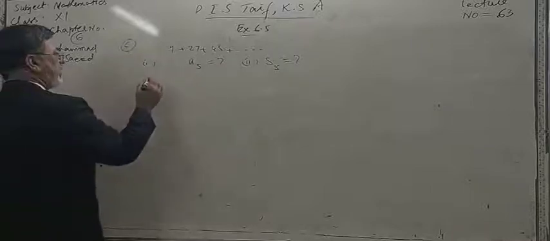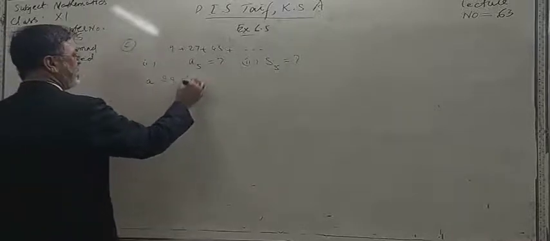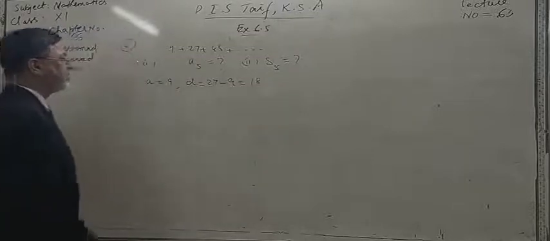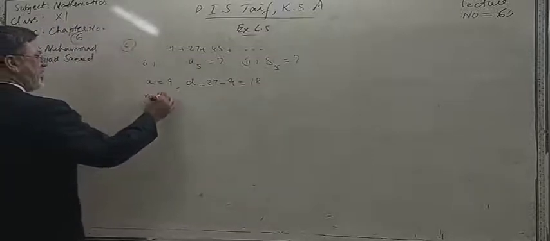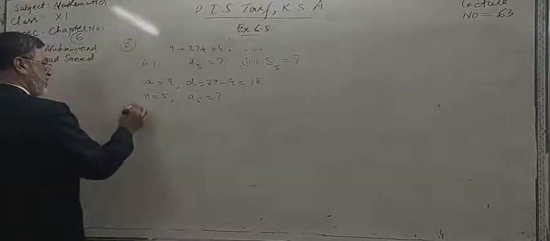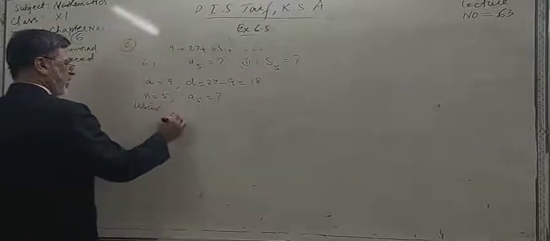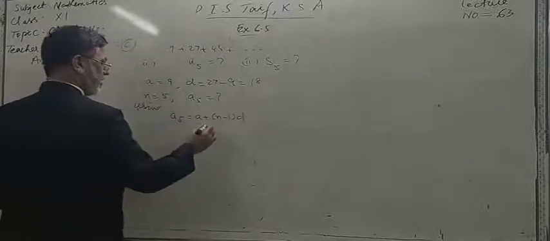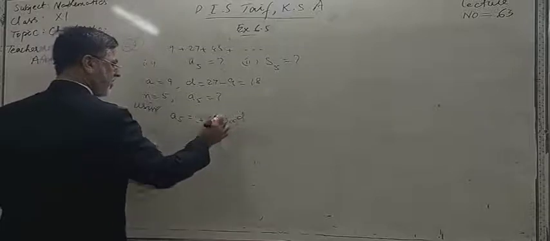So a is 9, and d is 27 minus 9, that is 18. And n is equal to 5 and you have to find A5. Using the formula, A5 is equal to a plus (n minus 1) into d. Here n means 5.